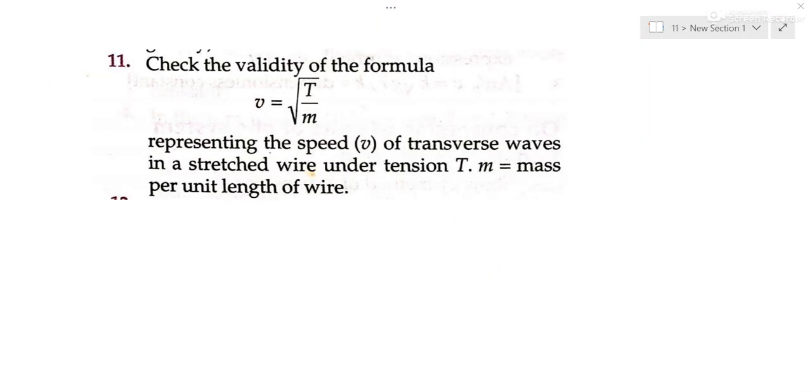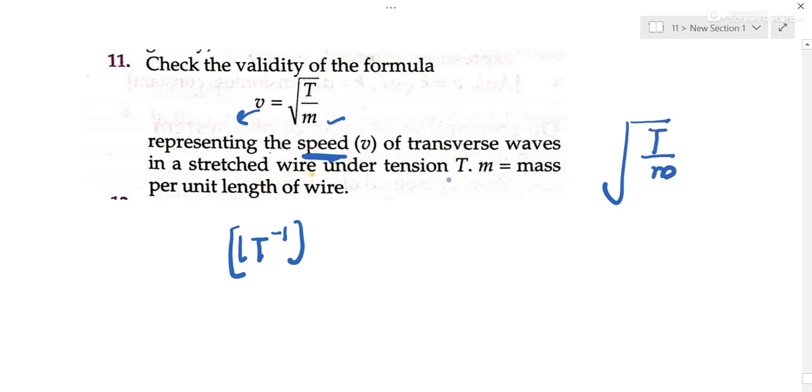Let us see this one. This is speed. So speed is LT^-1. This is left hand side. Right hand side is root T by m. What is T? Tension. Tension is force. Force is MLT^-2.